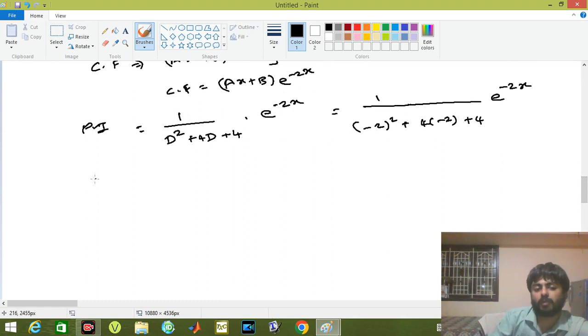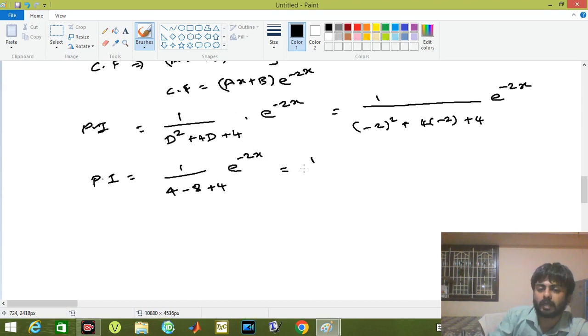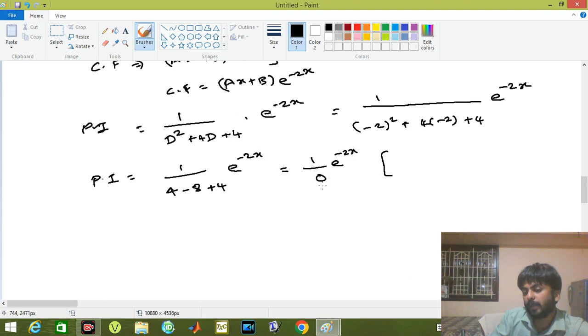So PI equal to 1 divided by (4 minus 8 plus 4) into e power minus 2x. So here you will get 1 by 0 e power minus 2x. What does it mean? When anything is divided by 0, it will become infinity. Am I right? So here it is impossible to find a PI. So you can write the ordinary differentiation rule fails.